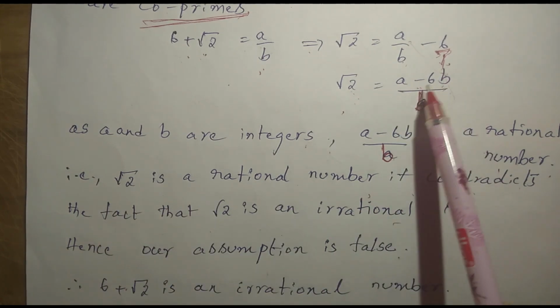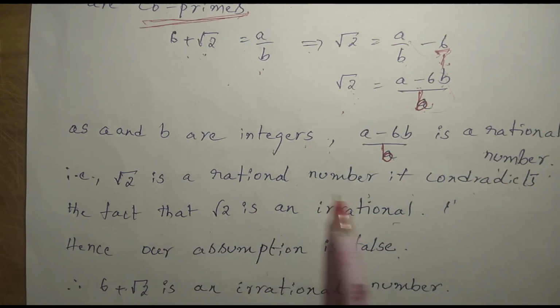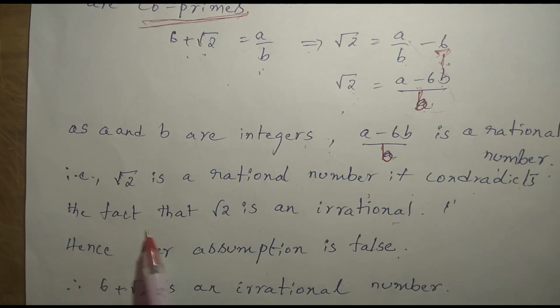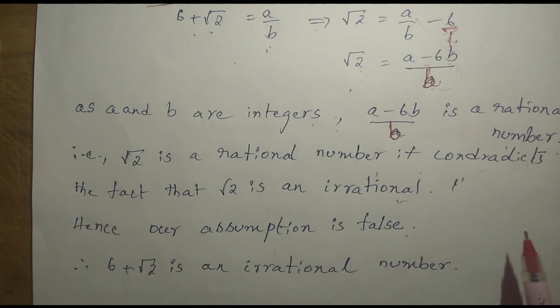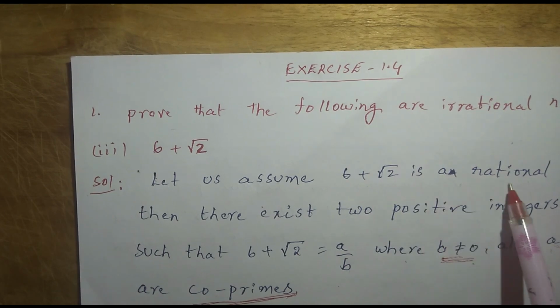Then √2 is a rational number. It contradicts the fact. What is that fact? √2 is an irrational number. Hence our assumption is false. What is our assumption? 6 plus √2 is a rational number.